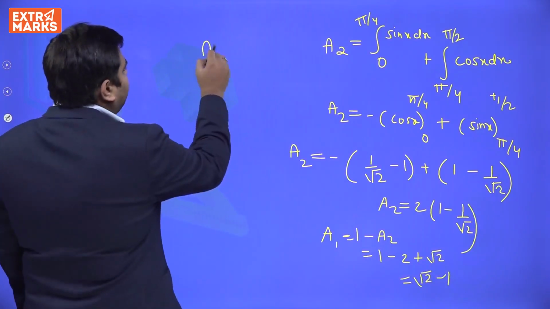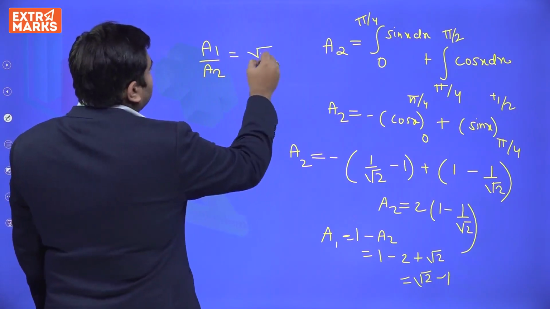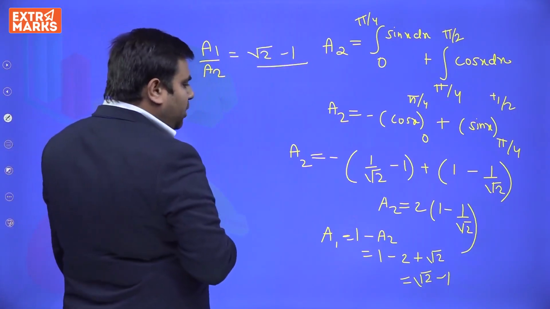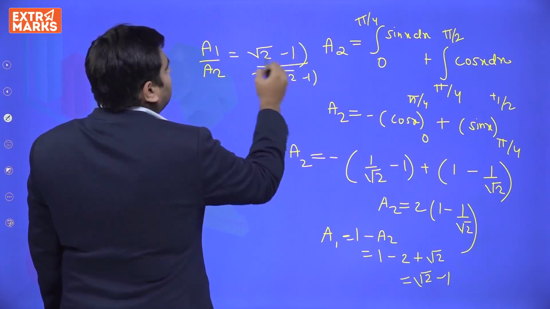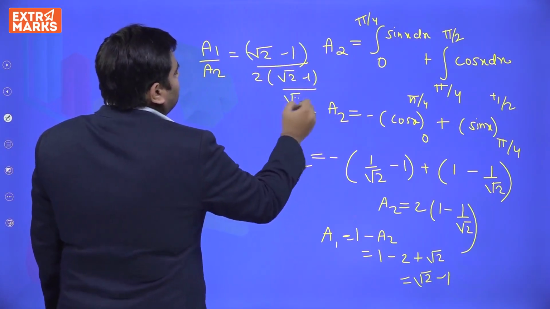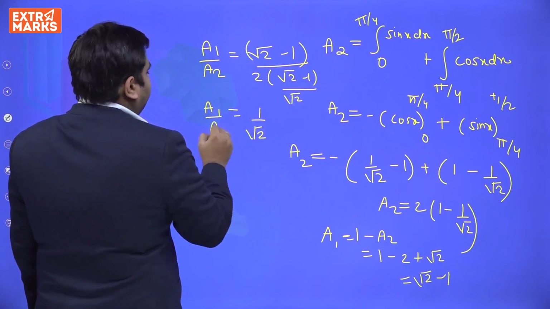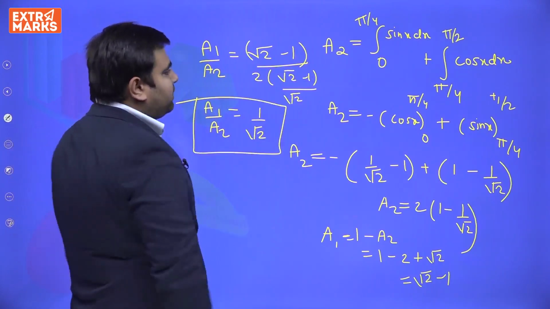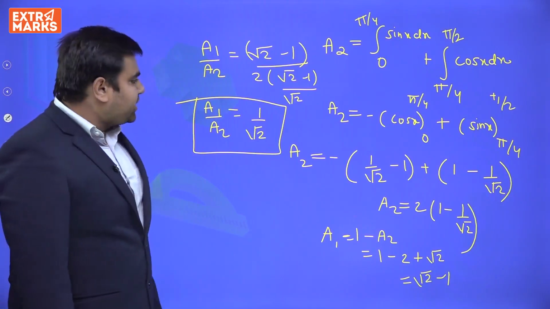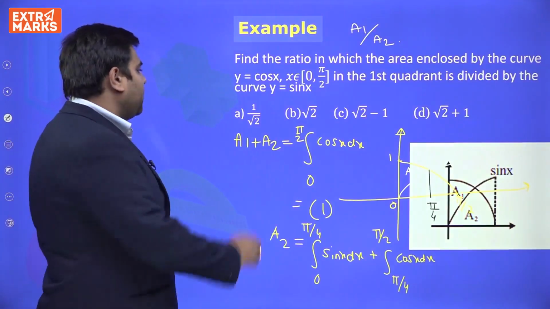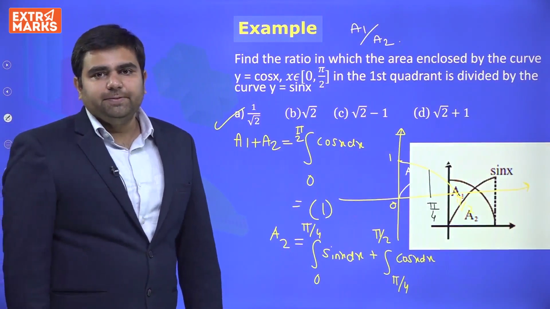So what would be a1 upon a2? a1 upon a2 would be root 2 minus 1 upon 2 times of root 2 minus 1 upon root 2. So this would come out to be 1 by root 2. Therefore the final answer is 1 by root 2.